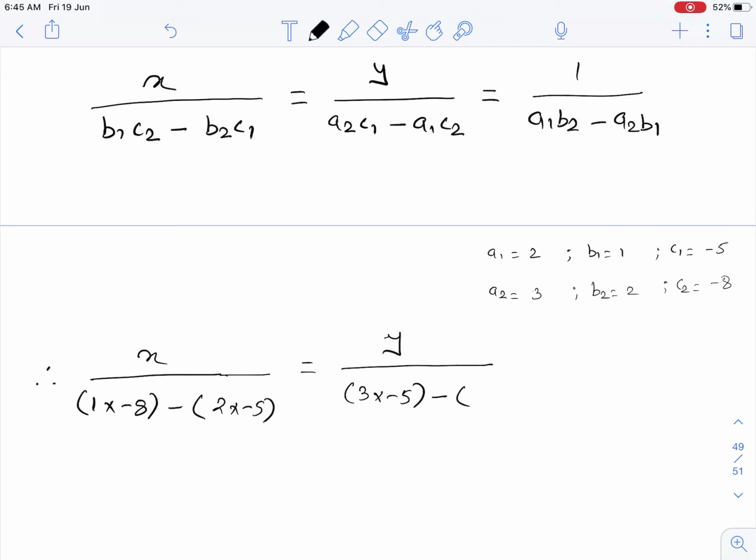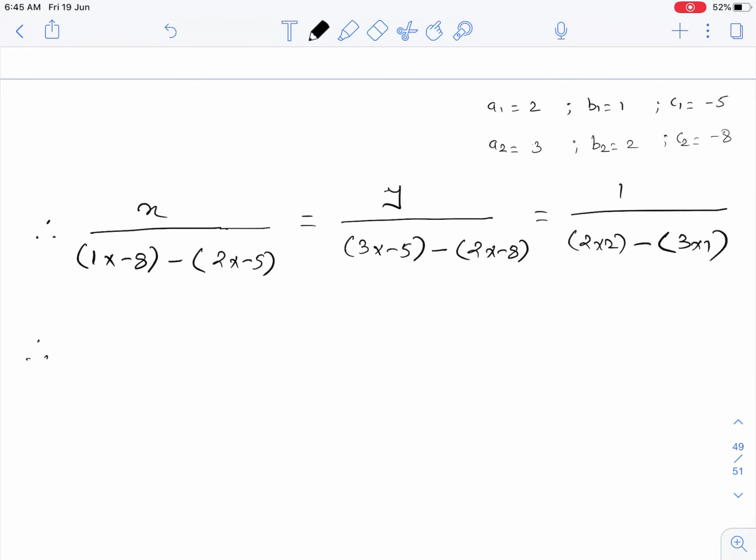Okay, so 2 into minus 8 equals to 1 upon, now this time we have a1 b2, means this 2 will multiply with this 2. Okay, so 2 into 2, then we'll continue with this minus sign, and now it is followed by what, a2 b1, means this 3 will multiply with this 1. Okay, so you will get 3 into 1.